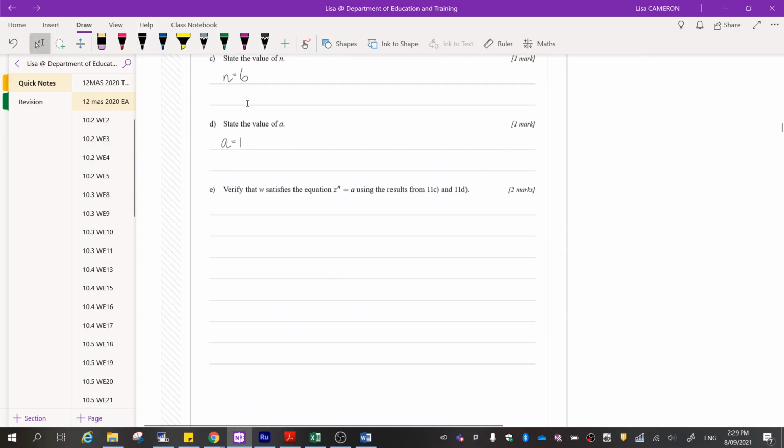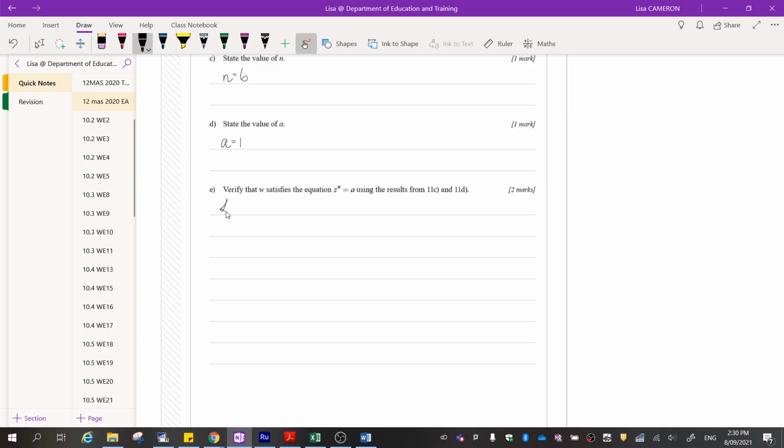Next thing we're going to do is verify that w satisfies the equation that we found before. So we're going to need to find the roots of unity to do this. Our first step is going to be to use our cis form to help us out.